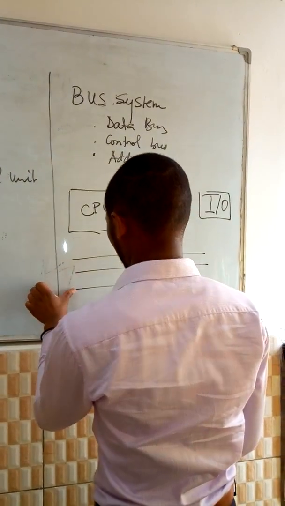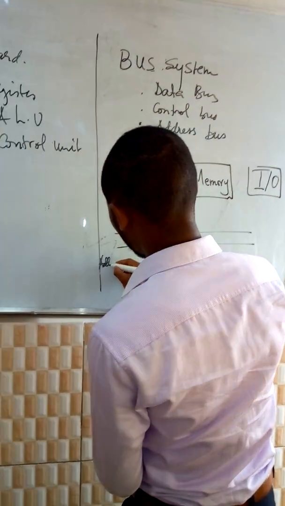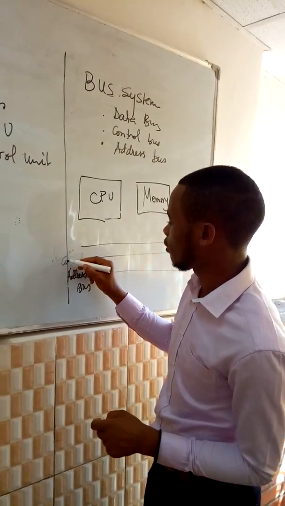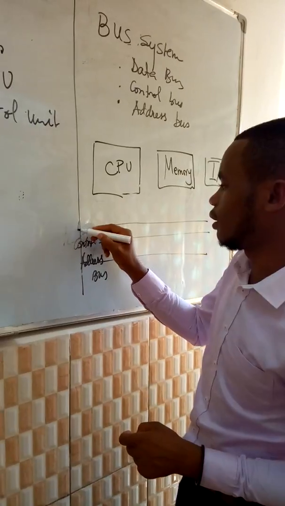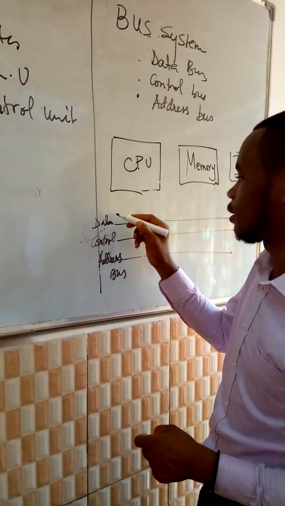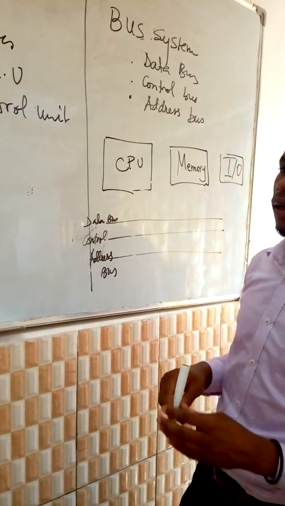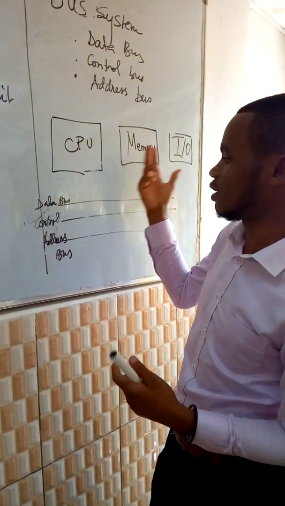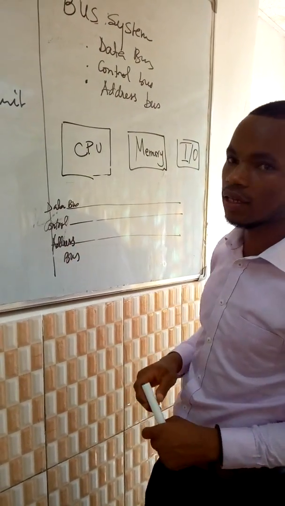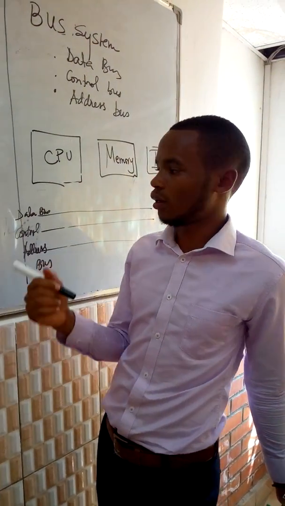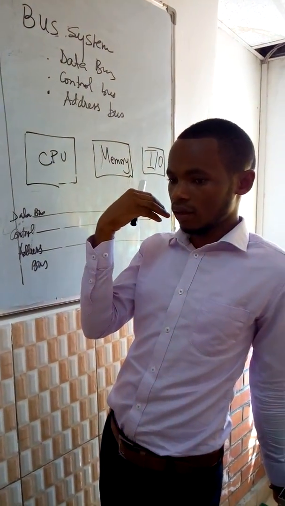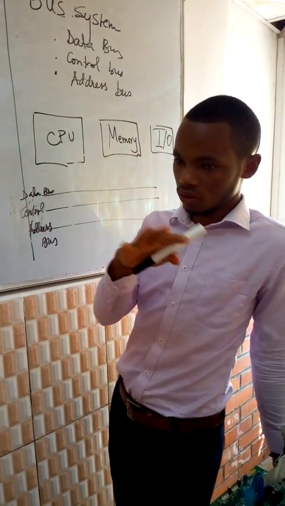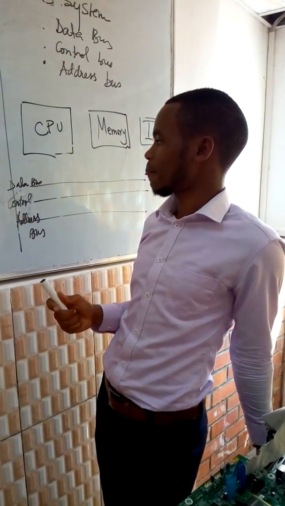For example, this is the address bus, here we have control, and here we have the data bus. So if, for example, data wants to be displayed, we use the data bus, and of course we need the address because the data needs to know where it is going, and of course the control, which controls the flow of that data.